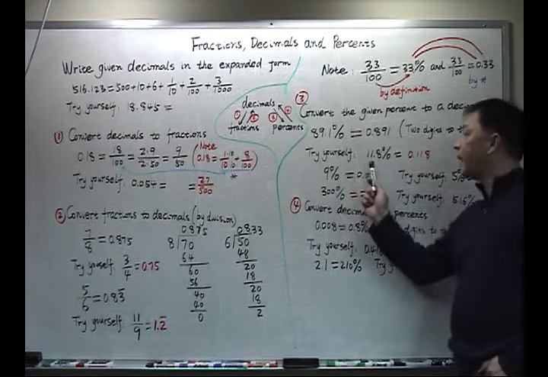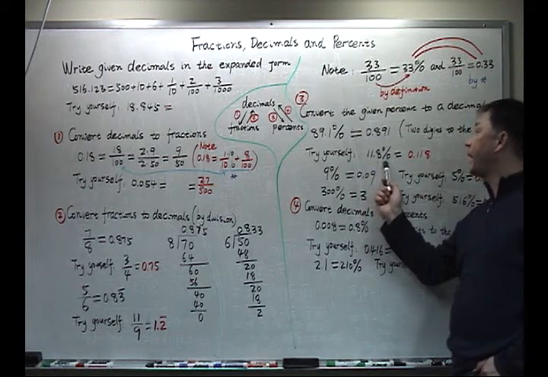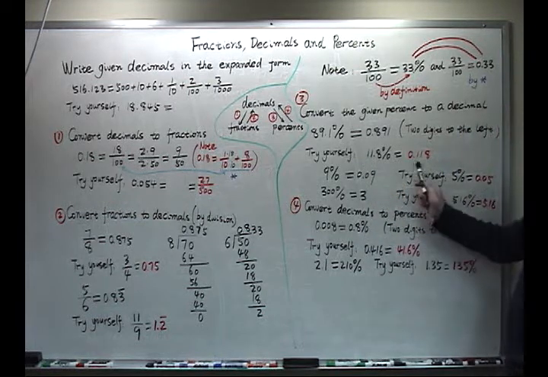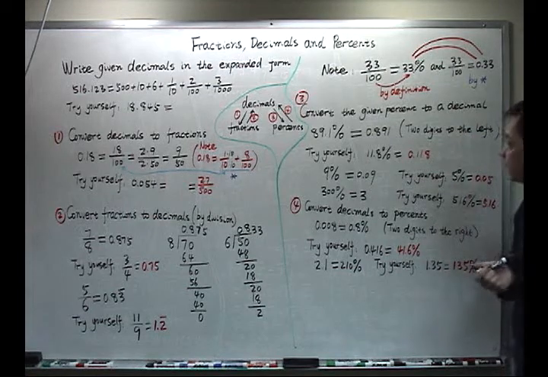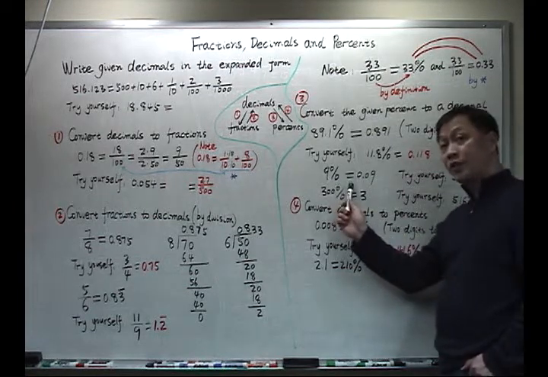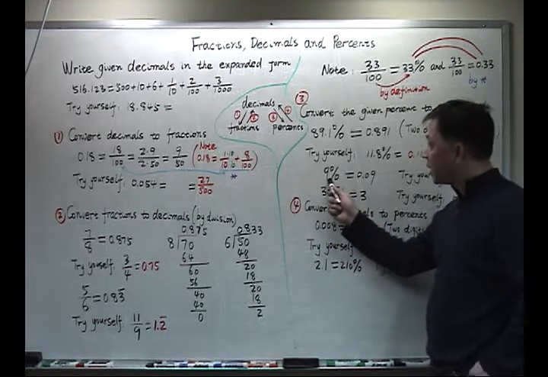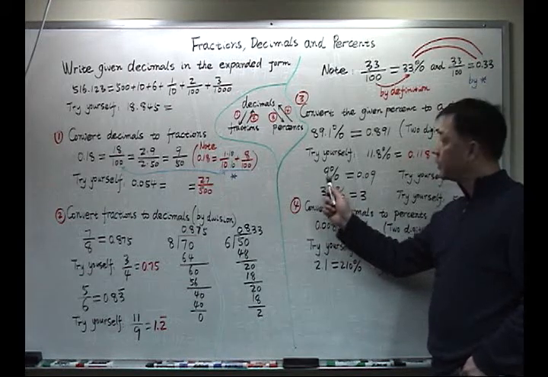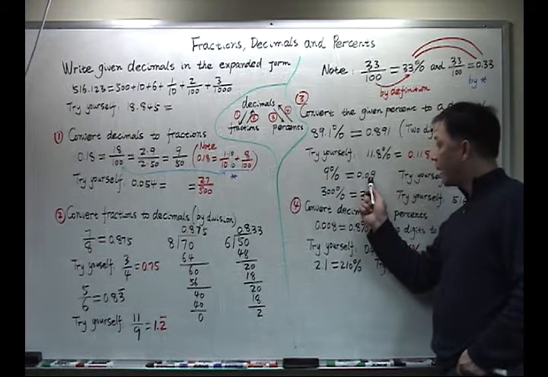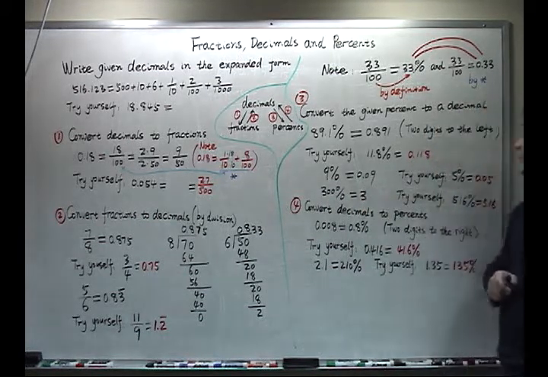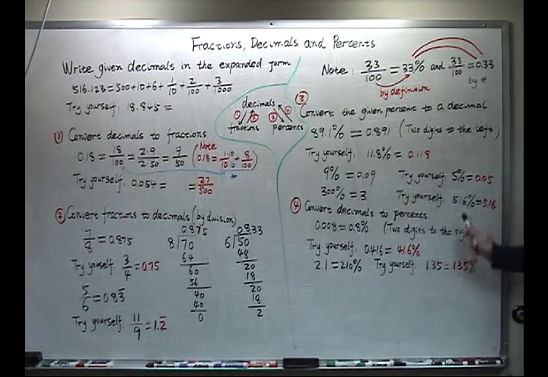Try this one yourself. 11.8%. 2 digits to the left is going to be 0.118. Okay. Now here 9%. The point is behind 9. So 2 digits to the left. We have a 1, 2. So that's 0.09.